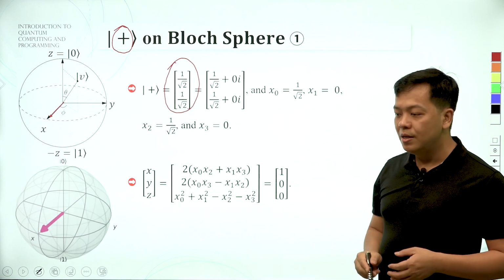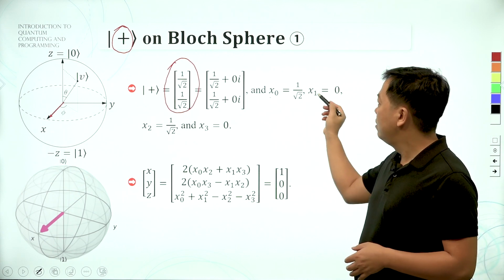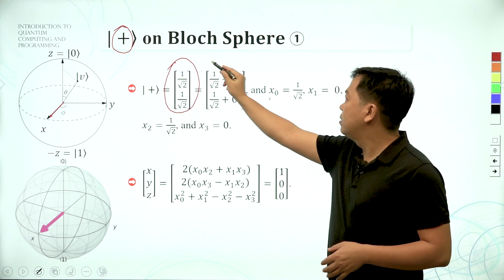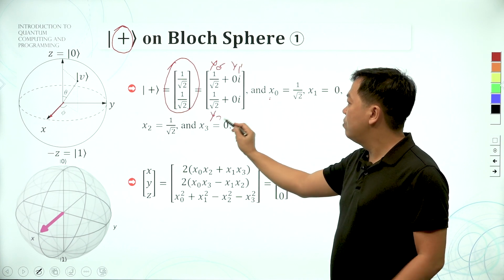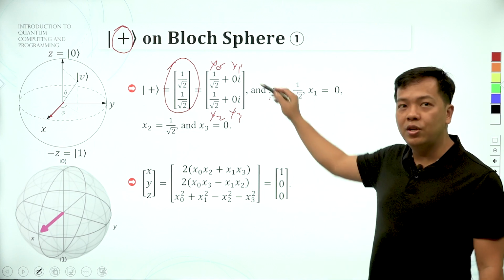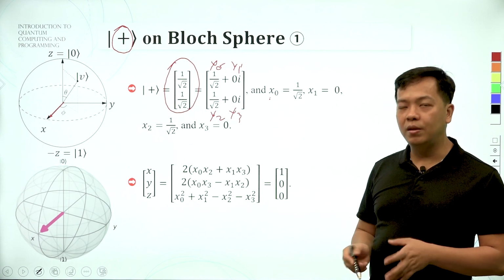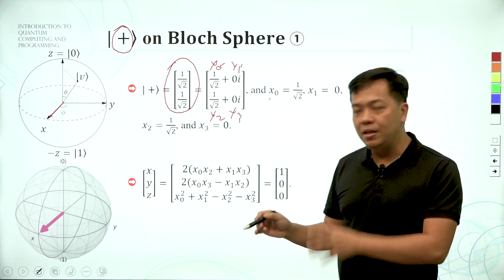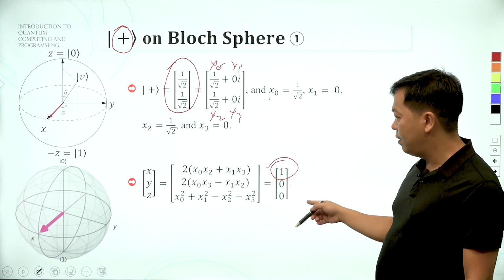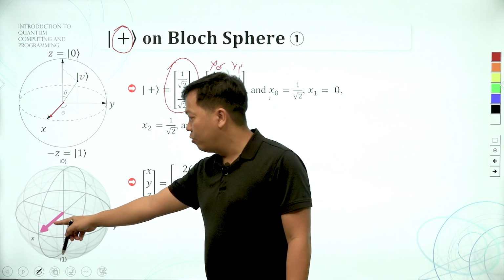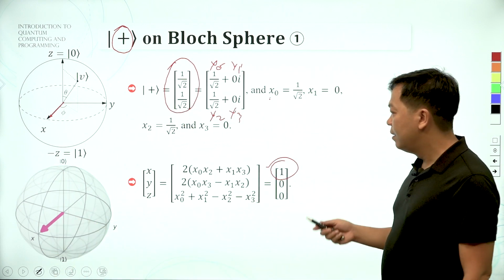After you change it to the complex vector, you can replace x0, x1, x2, x3, apply the Hopf map and do similarly. But here you can see the total value is the point value. So if you see here, the arrow will change to the front, going to the x value.